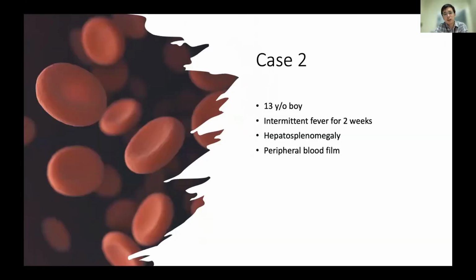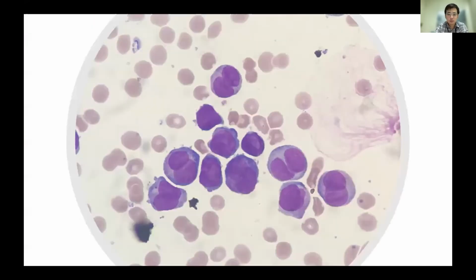So this is case number 2. He is a 13-year-old boy presented with intermittent fever for 2 weeks and hepatosplenomegaly. This is the peripheral blood film for this boy. The most prominent feature in these cells is that they are all bilobed. You can see here, this is clearly a bilobed nucleus, and here the bilobed nucleus is a bit overlapping.